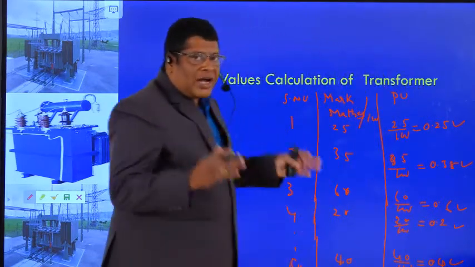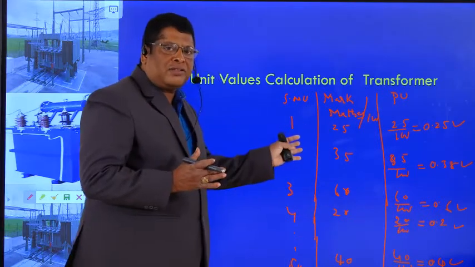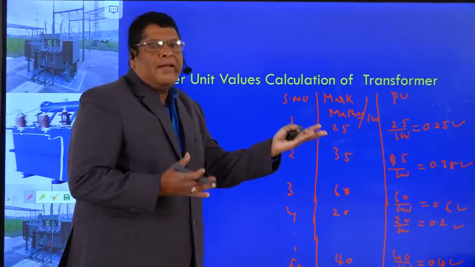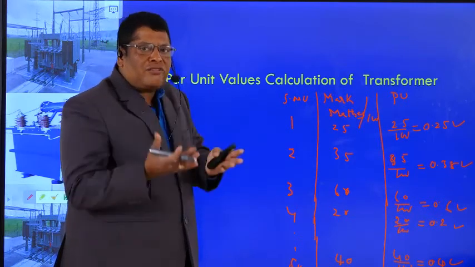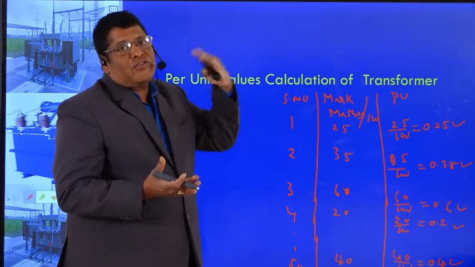Now, how do we calculate the per unit value of the marks of a student? Actual value divided by the base value. Generally the base value is taken as the maximum value.